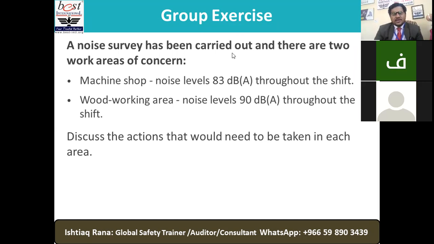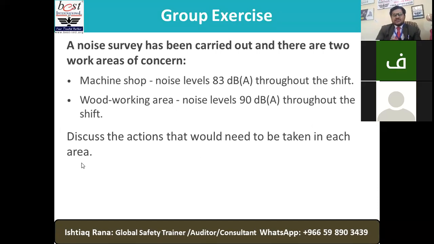A noise survey has been carried out, and there are 2 work areas of concern. Machine shop: noise level is 83 decibel throughout the shift, of course 8 hours. Woodworking area: noise level is 90 decibel throughout the shift. Discuss the action that would need to be taken in each area.